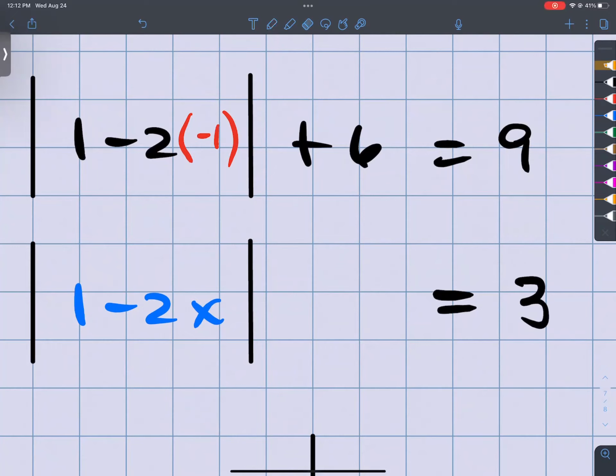So let's take this out and replace it with, what was the other one? 2. So -2 times 2 is -4. 1 minus 4 is -3, right? The absolute value of -3 is back to 3 again. So it's always saying that what happens on the inside has to equal the positive of the other side and the negative of the other side. Does that make sense?